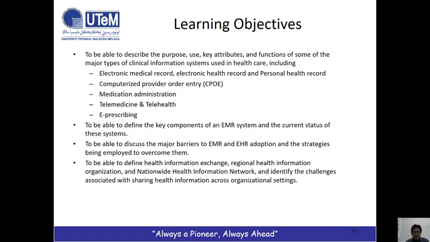You also need to know how to make the health information shared across the country or across the states in the country.